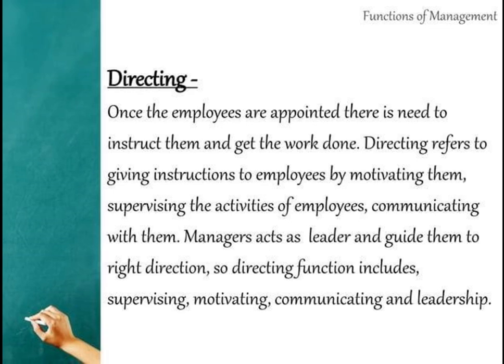Directing. Once the employees are appointed, there is a need to instruct them and get the work done. Directing refers to giving instructions to the employees by motivating them, supervising the activities of employees, and communicating with them. Managers act as a leader to guide them in the right direction.